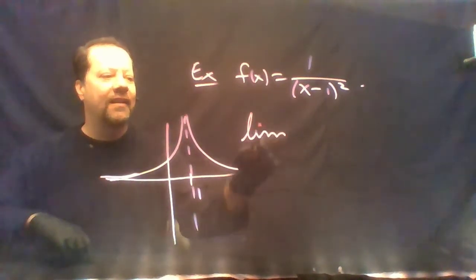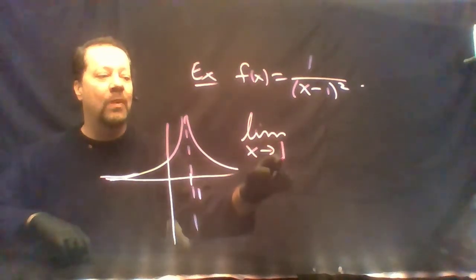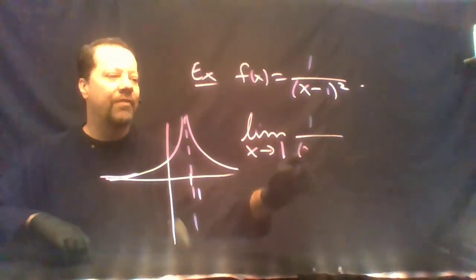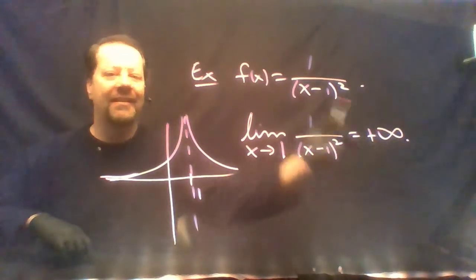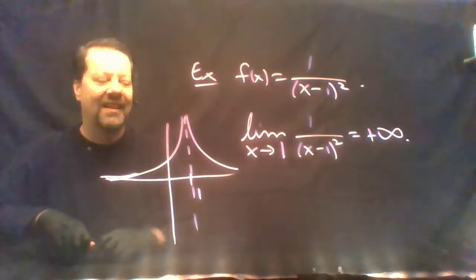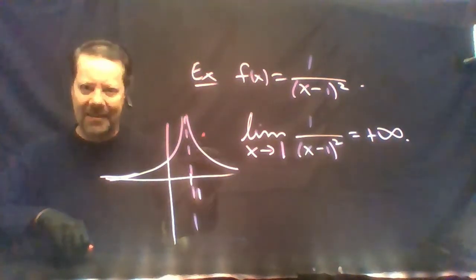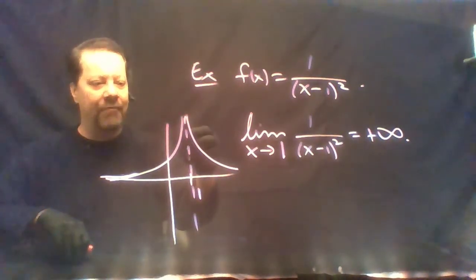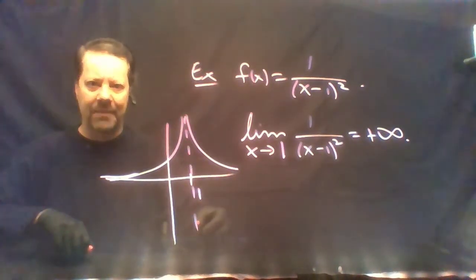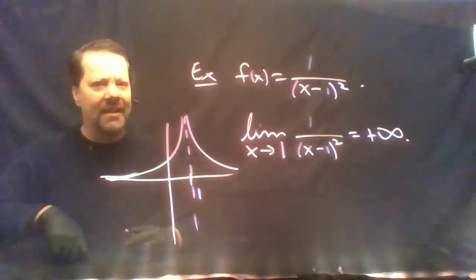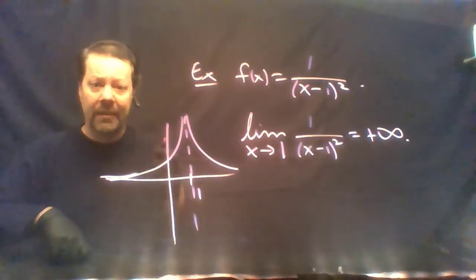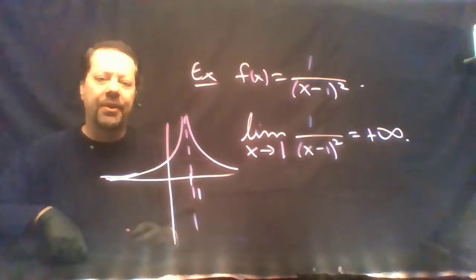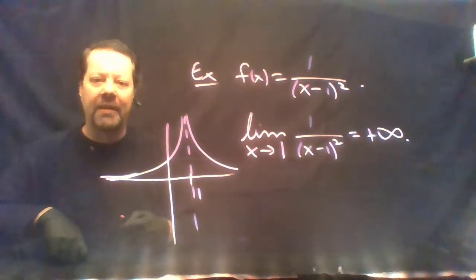You can see then that the limit as x goes to 1 of 1 over the quantity x minus 1 squared is positive infinity. As you can see on the last couple examples, we have what is called a vertical asymptote, but we have not technically defined what we mean by vertical asymptote. And this class gives you the first opportunity to formally make that definition.